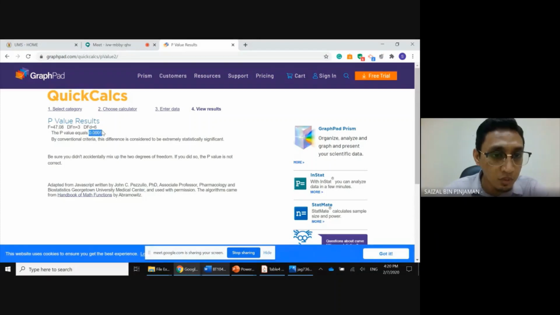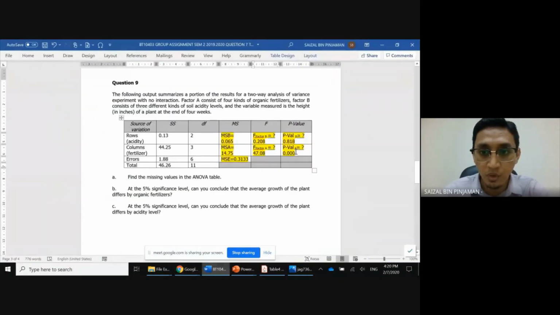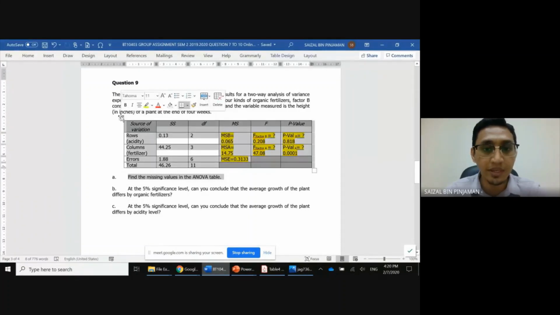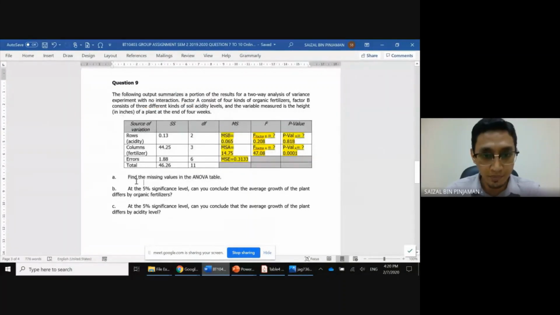The p-value is equal to 0.0001. So that is how we obtain this value here. So part A is completed already. If you complete this table here, you have successfully completed question 9A.